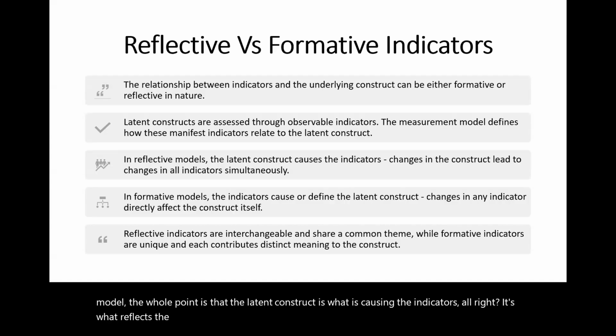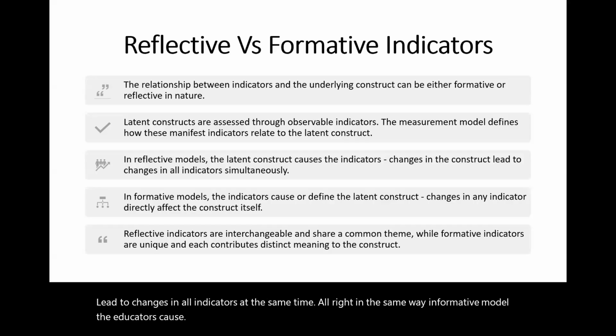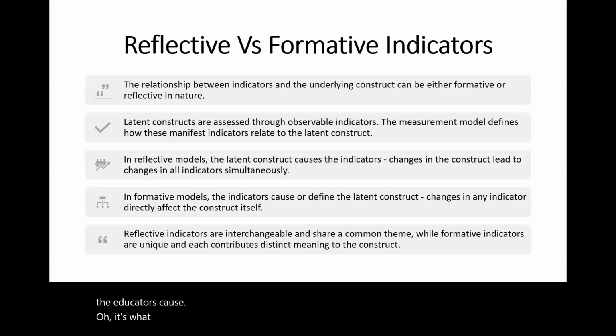So what this means is that changes in the construct lead to changes in all indicators at the same time, all right? In the same way, in a formative model, the indicators cause or define the latent construct, all right? So it means that changes in any indicator directly affect the construct, all right?